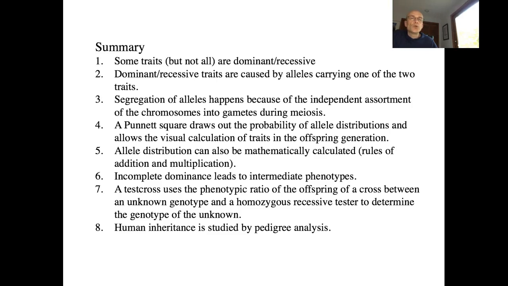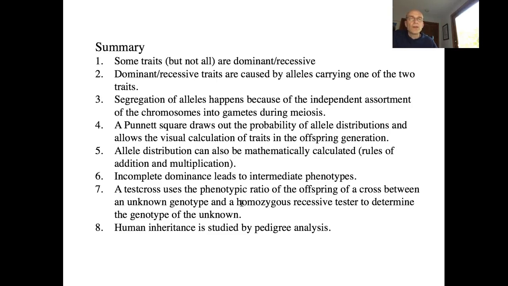I showed you how to do a test cross, at least in theory, which uses the phenotypic ratio of the offspring of a cross between an unknown genotype, so that's what you are testing, and a homozygous recessive tester, so that's what you're testing with, to determine the genotype of the unknown.